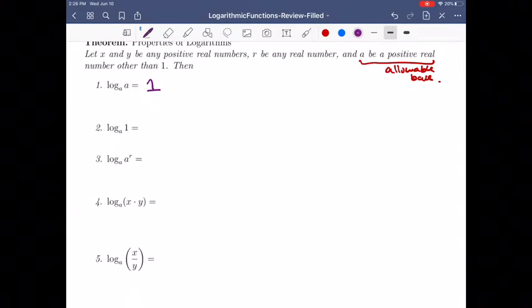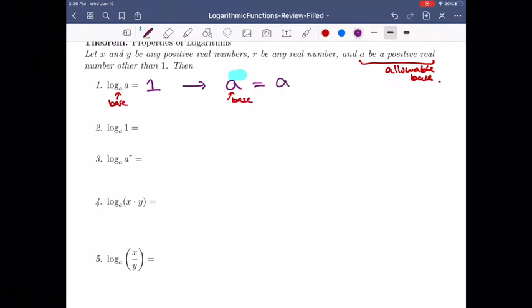Why is that? Remember, we want a to what power, because that's our base, equals the x value, which is a. So this is a to the 1, so our power has to be 1.